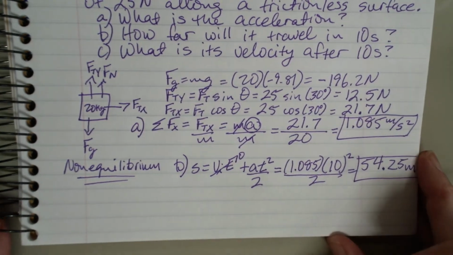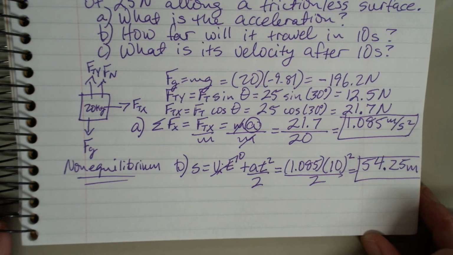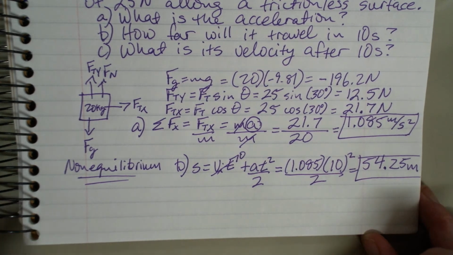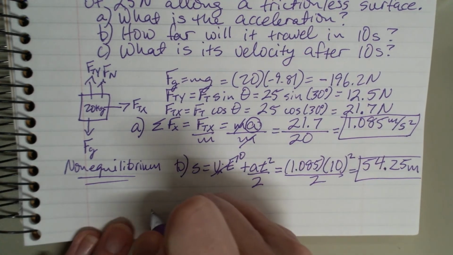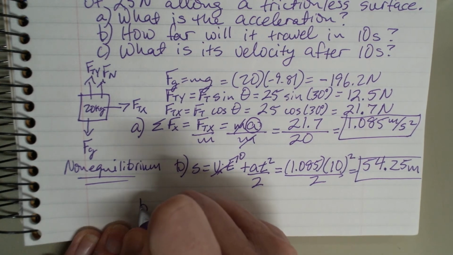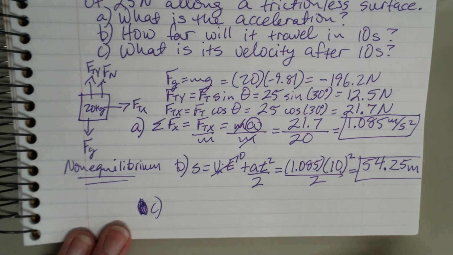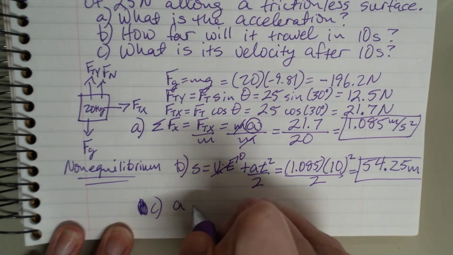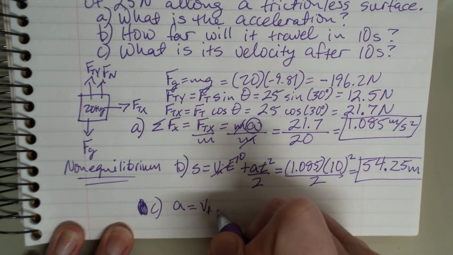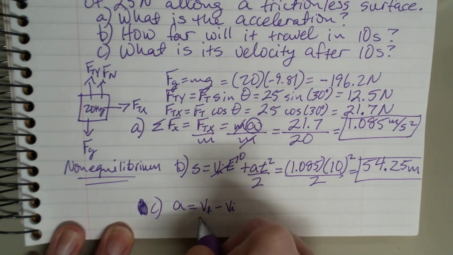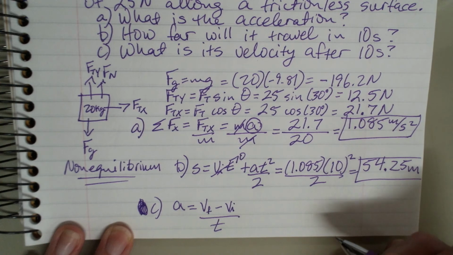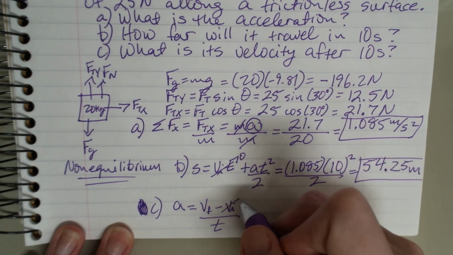Then I just have to find my final velocity. What was its velocity after 10 seconds? Oh, that's part C. I like the acceleration equation for this one. I'm going to say a equals V final minus V initial over time, and my V initial is 0.